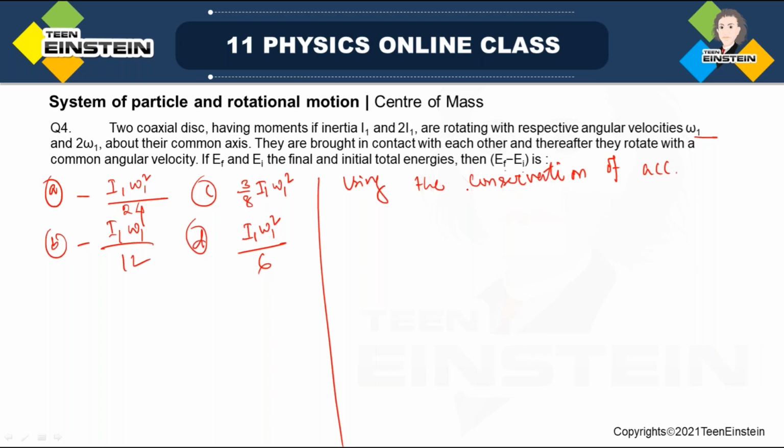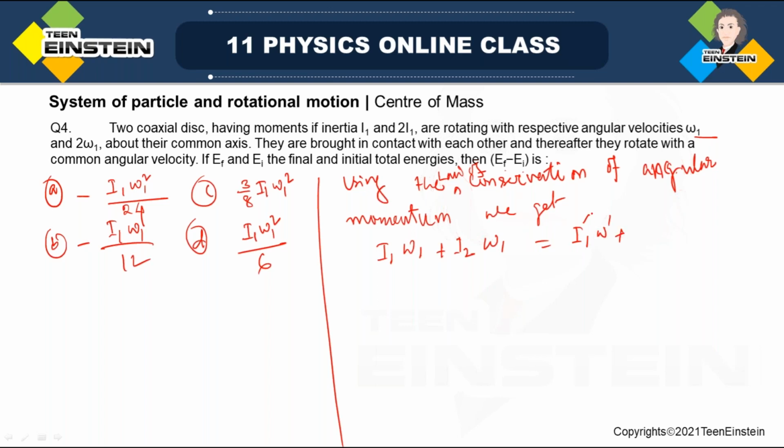Using the law of conservation, we get I1 omega 1 plus I2 omega 2 will be equal to I1 plus I2 times omega prime.